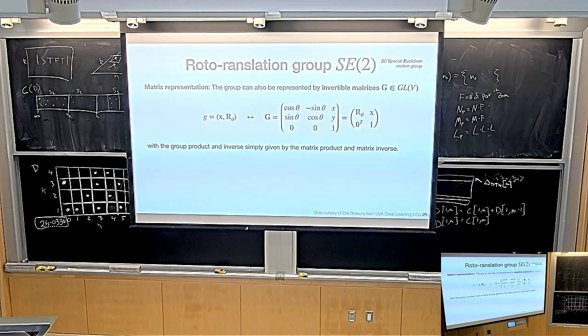For instance, you can say an element of SE2 is actually just 3 numbers: 2 numbers for the translation, and 1 number for the 1D rotation. So the matrix is not the group. We say that the matrix is a representation; every group has a matrix representation.